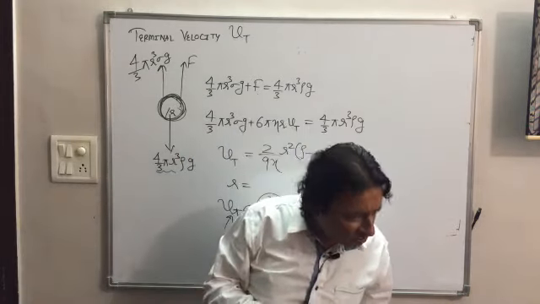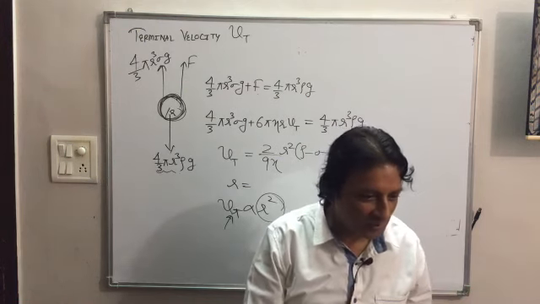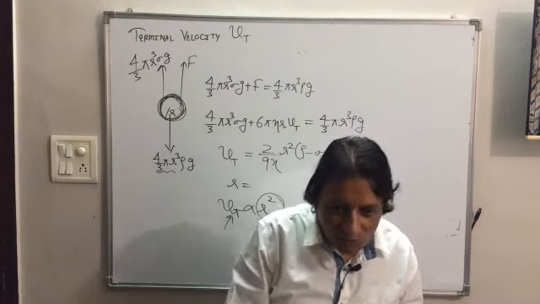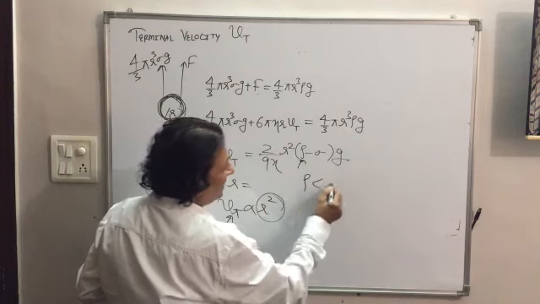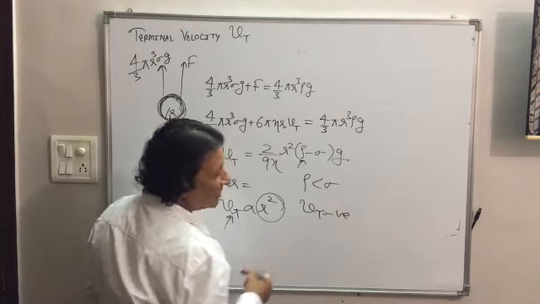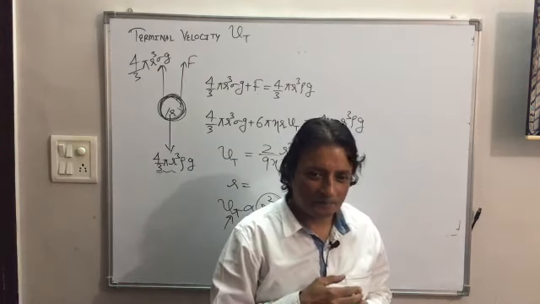Students, have you seen a bubble in a soft drink? When you uncork it, it goes up. Why? Because the density of the bubble is less than sigma, then Vt is negative, so the bubble starts coming upwards.